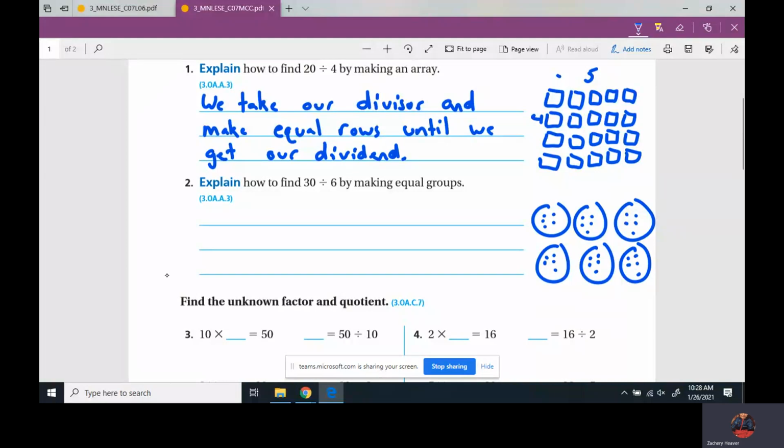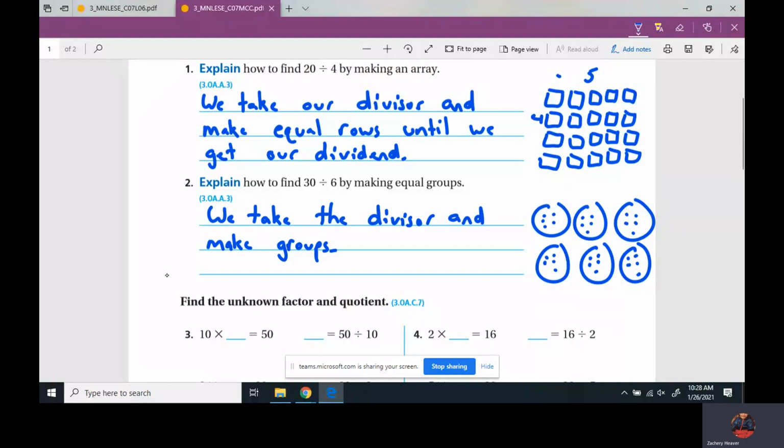So we take our divisor, which was 6, and make groups.